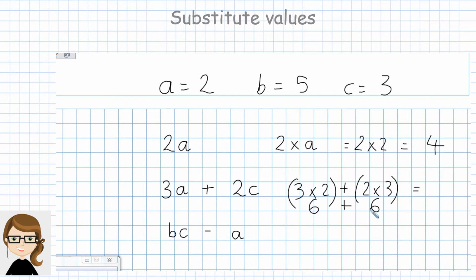Add 2 times 3 is 6. Add them together, gives us 12. And the next one, BC, means B times C, so 5 times 3. And then we will take away the A. So 5 times 3 is 15. Take away 2 gives me 13.